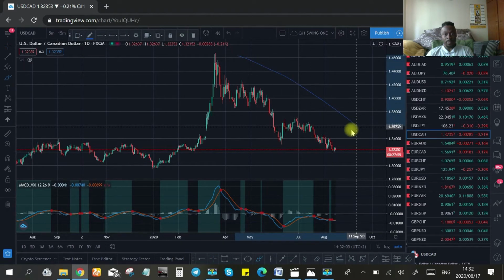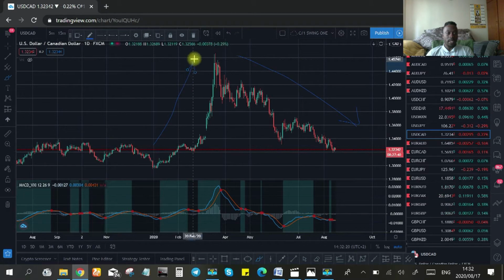But here it was pushing up, which means the Canada is weak and the dollar is strong. This part is when the dollar is strong, and this part is when the dollar is weak. When the dollar is strong, the Canada is weak. When the dollar is weak, the Canada is strong.